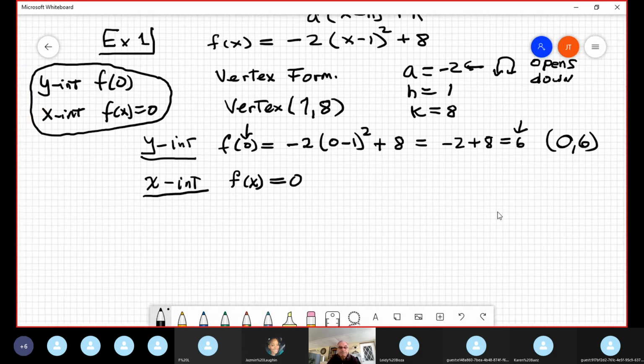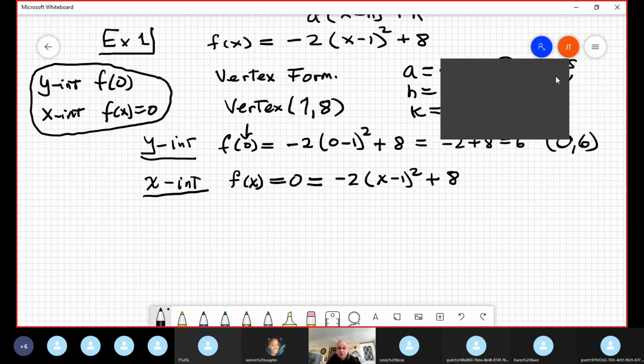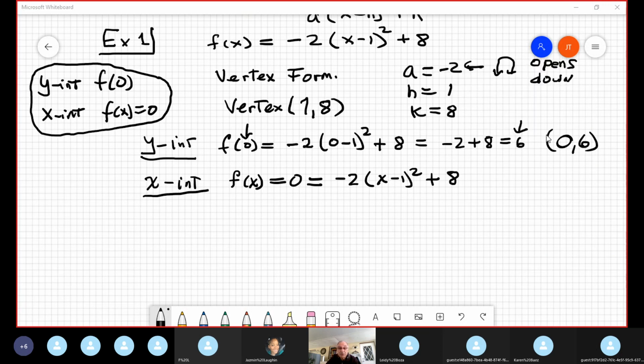Okay, so you set up the equation, which is minus 2 times (x minus 1) squared plus 8 equals 0. Because at this moment, you are in front of a quadratic equation. And the super easy way to solve this quadratic equation is... Okay, let me try to solve it.